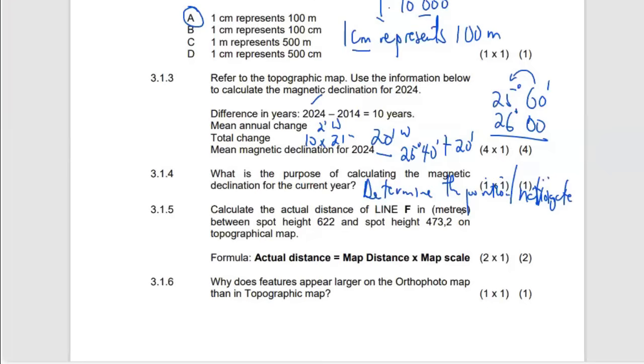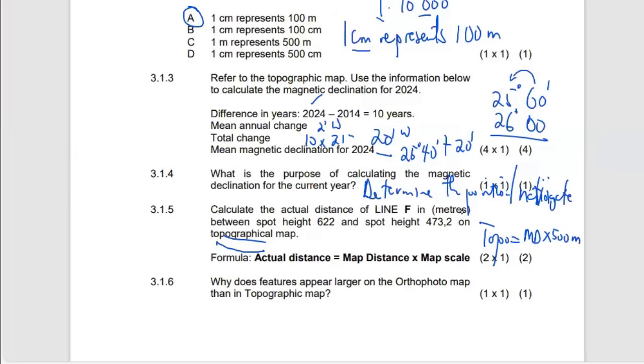Calculate the actual distance of line F in meters between spot heights. You just have to use your ruler and calculate by converting the map scale. Actual distance is equal to map distance times map scale. If your answer is required in meters and you are using a topographical map, you measure your map distance on the ruler and multiply it by 500 meters.